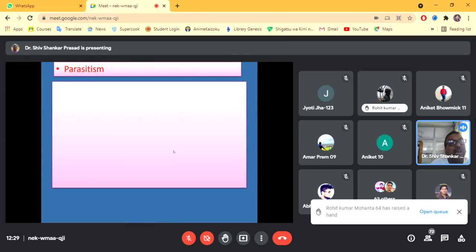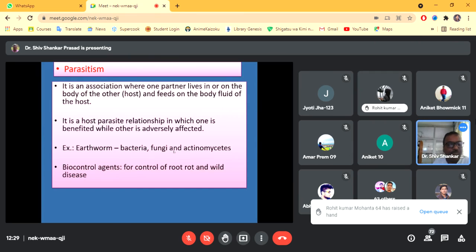Then parasitism. It is a situation in which one partner lives in or on the body of the other and feeds on the body fluid of the host.